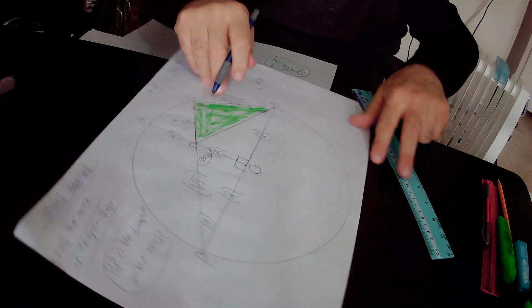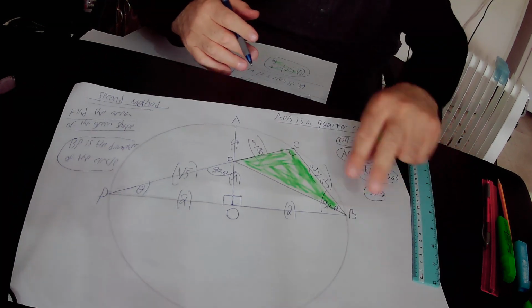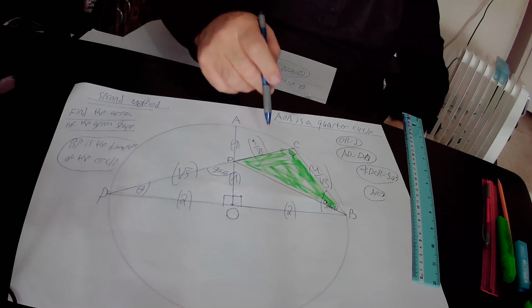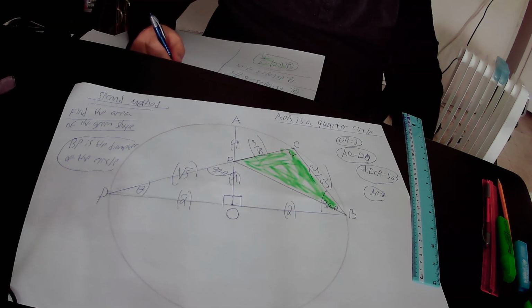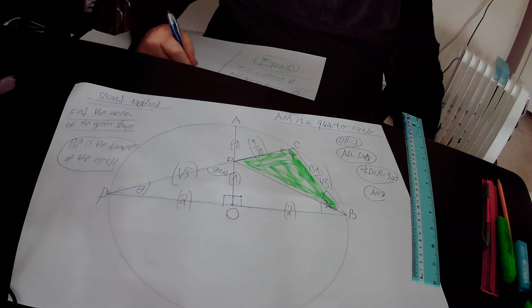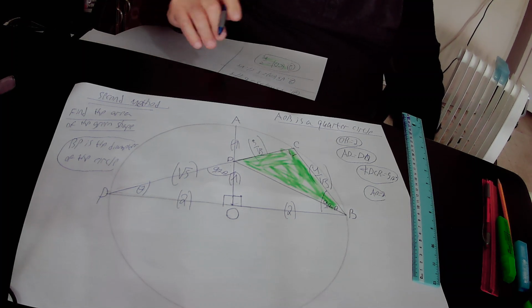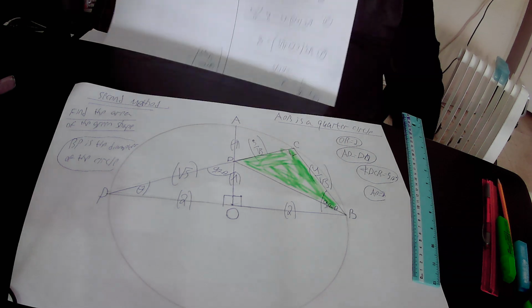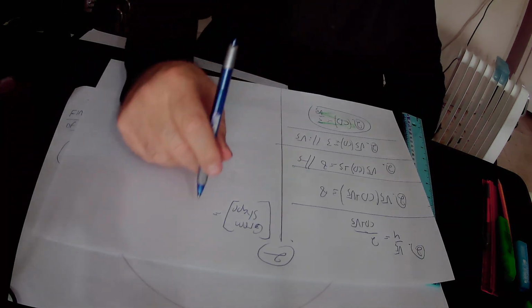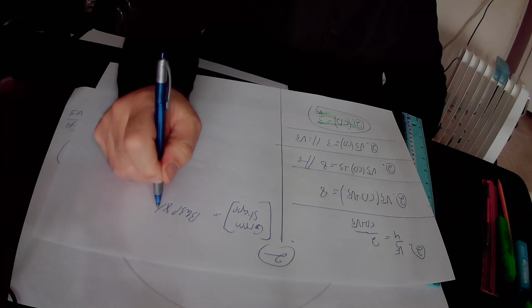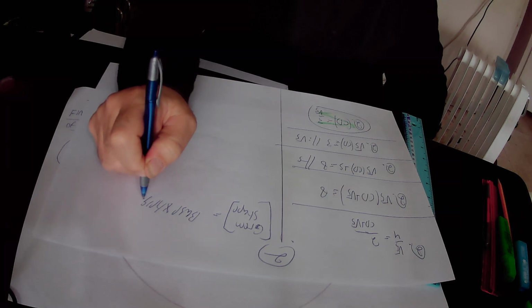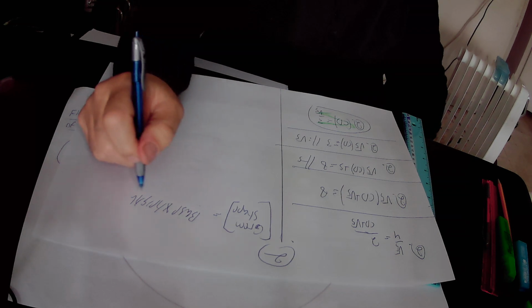Our mission is to find the area of this green shape. It's actually the area of the green right triangle CDB. And we know that the area of any triangle equals the base of the triangle times the height to the base over 2.